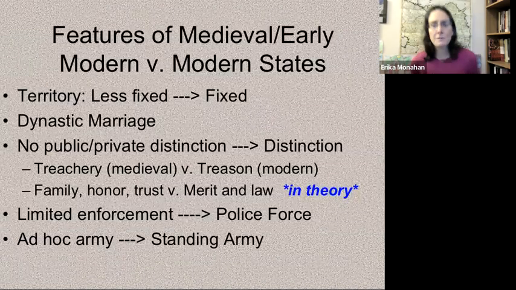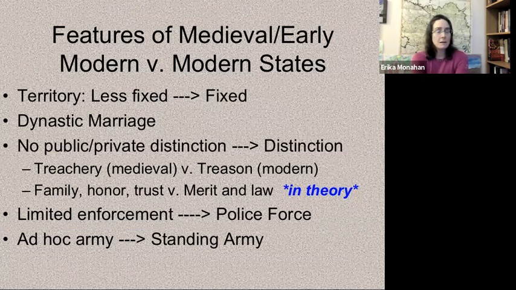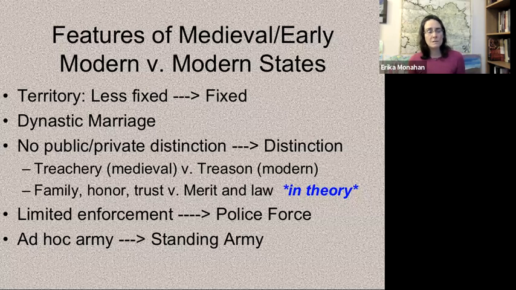I want to say a little bit more about features of the early modern period, or what's different between the medieval and early modern period and then the modern world. And now I'll just kind of give you a list, and it doesn't necessarily all relate to each other. But one thing we see different about this world is how territory defines states.